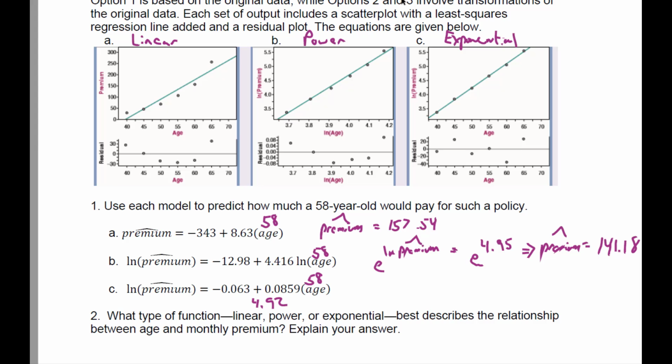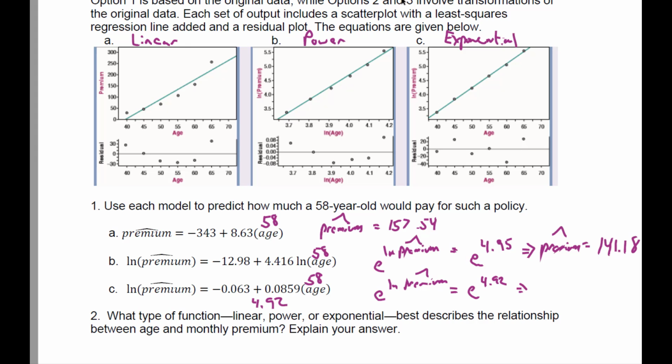So for this side, we got 4.92. But we still have a natural log over here. So let's go ahead and take E raised to the power of the natural log to get rid of that, of your premium. And that's the same thing as E to the power of 4.92.